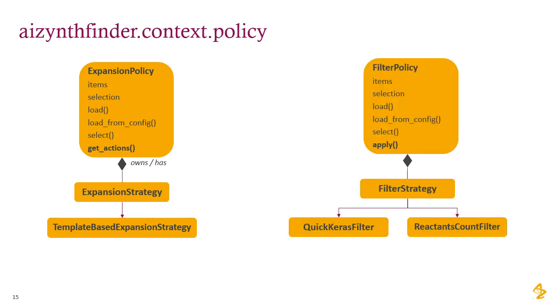We also have a filter policy class, which has a similar interface to the expansion policy, but it holds filter strategy classes. And currently there are two available. We have a quick Keras filter, which is the feasibility filter I was talking about at the very start of the presentation, and we also have a reactants count filter.